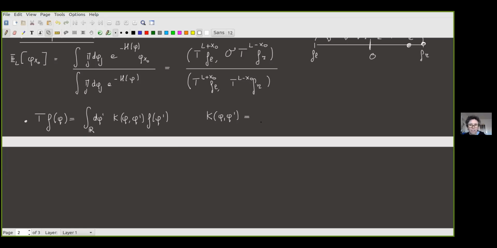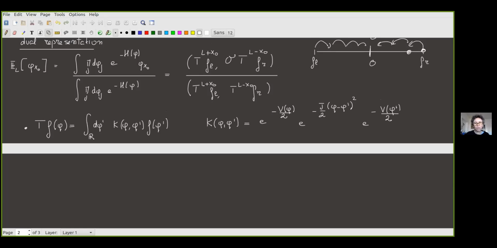In the case we are considering, we take exponential of minus V(phi) divided by 2, exponential of minus 1/2 (phi minus phi prime) squared, and then exponential of minus V(phi prime) divided by 2. The point is that we can organize our integral starting from the last variable. We integrate one variable at a time, and the corresponding integral is described by this operator with an integral kernel.